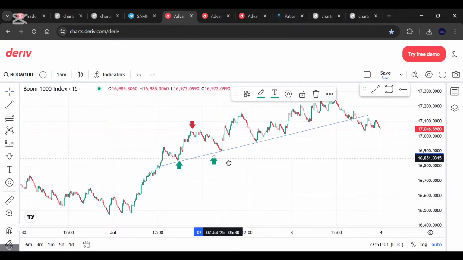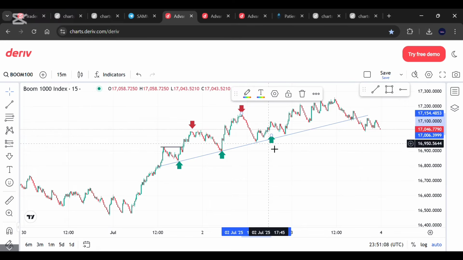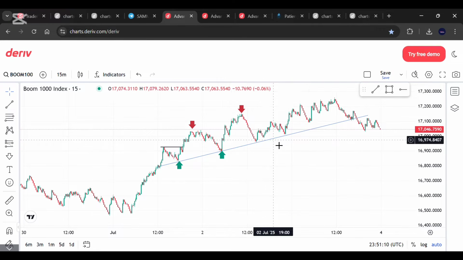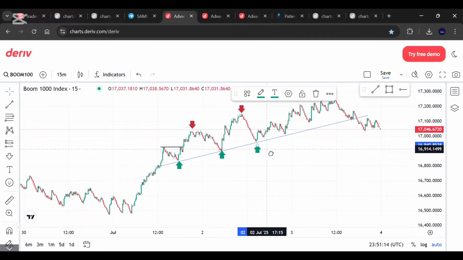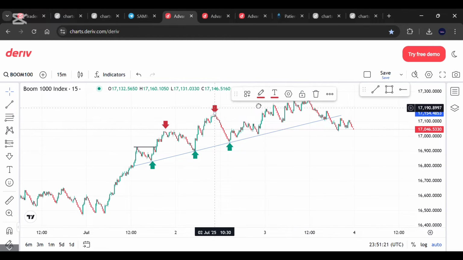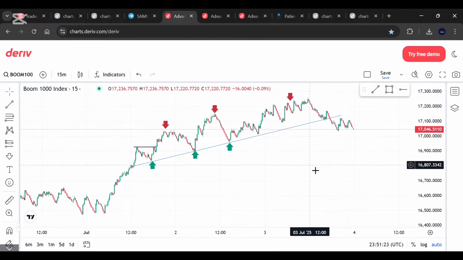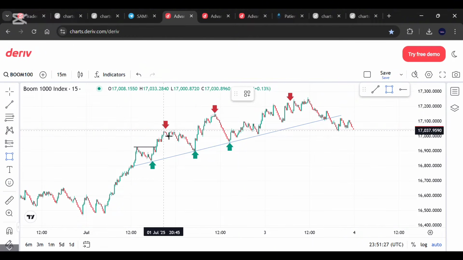Yeah, this is the low where the price bounced on the trend line, and here is where price bounced onwards the next support. So I keep putting the arrows to show the area where price bounced on the trend line.